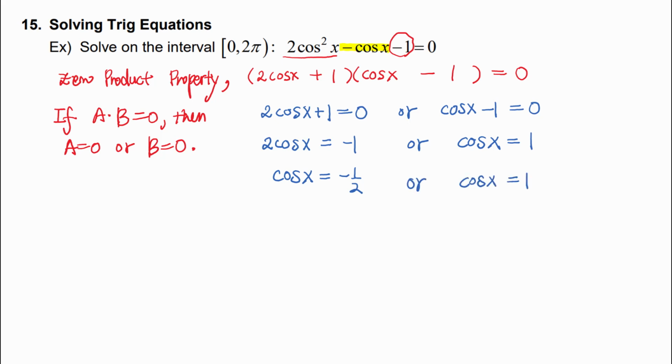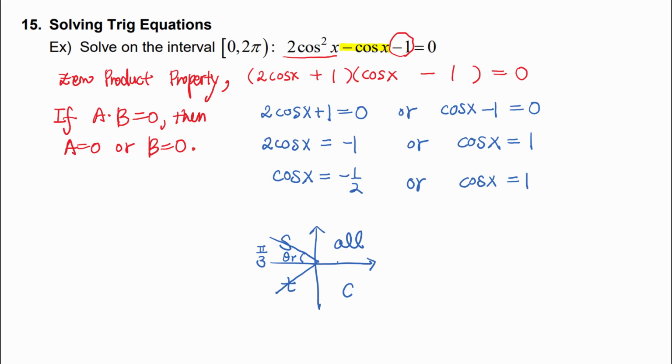All right, so now knowing that all students take calculus, we know cosine x is negative in the second and third quadrant, and the reference angle theta r for 1/2 is pi over 3.